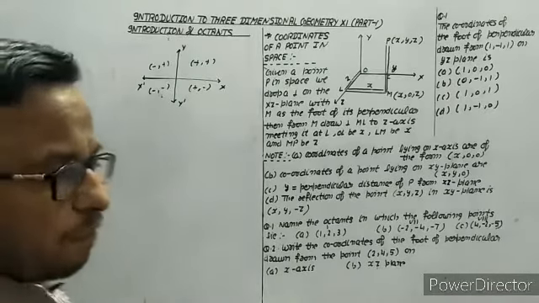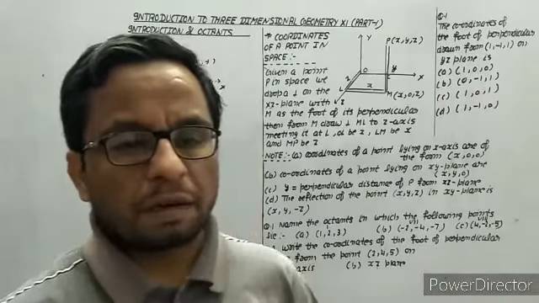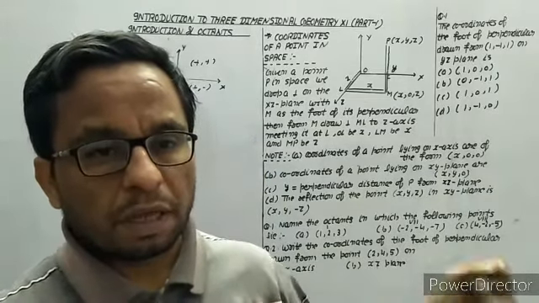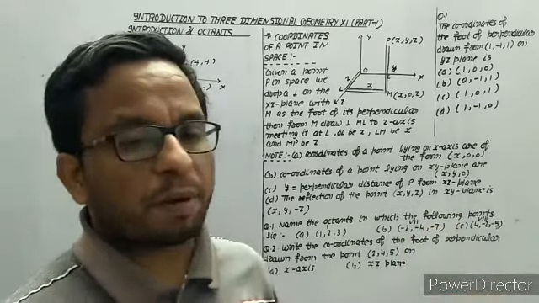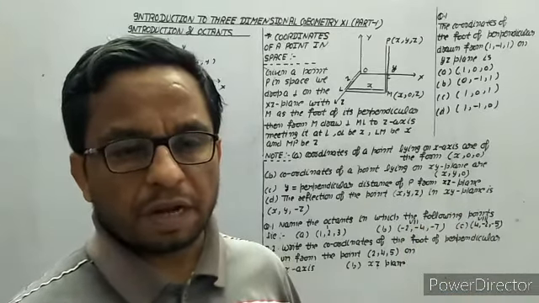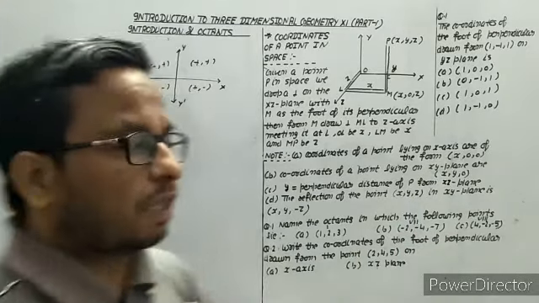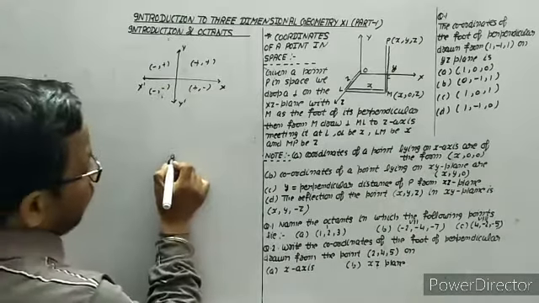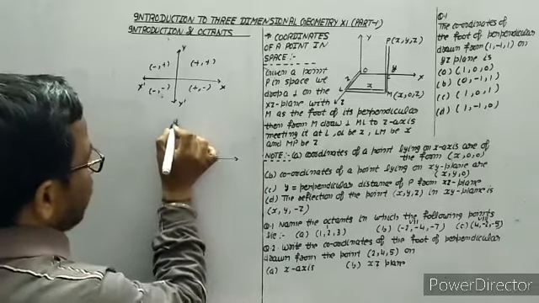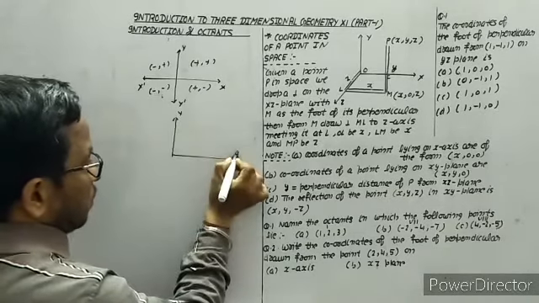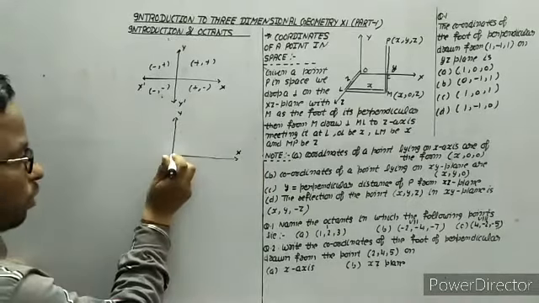In the same way, if we take three perpendicular lines, the best example is the corner of a room, where there are three perpendicular lines. One we consider as length, another as breadth, and the third as height. In this plane, let us suppose this is x, this is y, then z must be perpendicular to this.